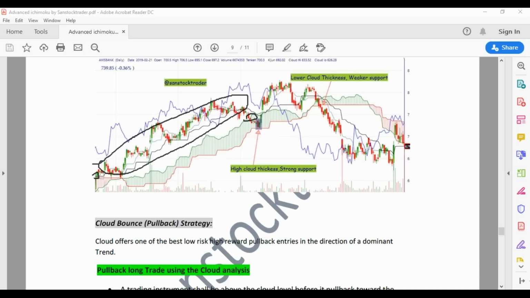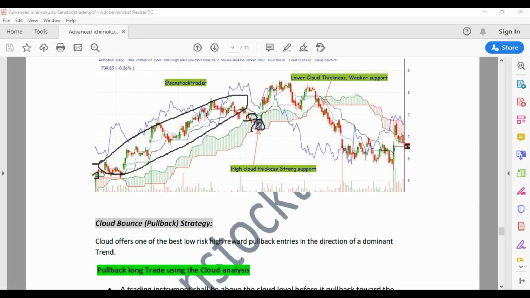That means this trend is mature. This trend has been there for a long time, and whenever such a trend is there, it is not easy to penetrate the cloud support. That is why, after such a long mature trend, whenever we get a pullback toward the cloud, do not miss this opportunity. Go long whenever you see such a structure. And that's exactly what happened.